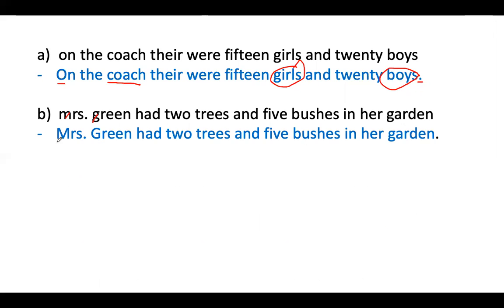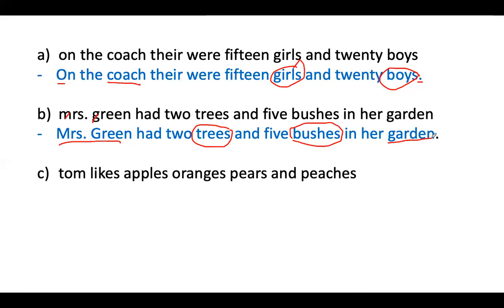Mrs. Green is a singular noun. Let's just underline it. Had 2 trees. Trees is a plural noun, so let's just circle it. And 5 bushes. Bushes is again a plural noun, circle it. In her garden, garden is a singular noun, underline it.